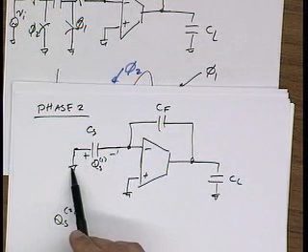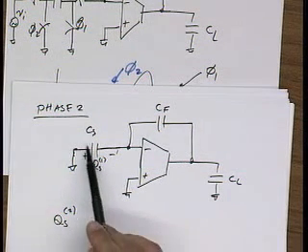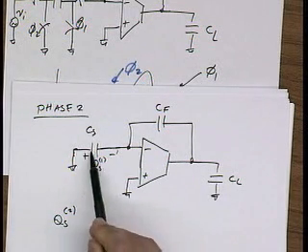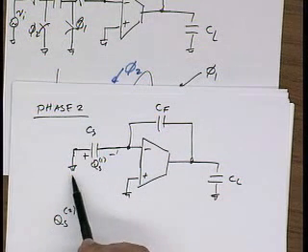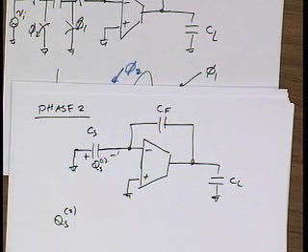One end is grounded, right? What's the other end? So what happens to the charge sitting on this plate when I short this to ground? It goes away, right? It discharges it. So the top plate charge goes away. What about the bottom plate charge? Where can it go? Shared by the CS and the CF.